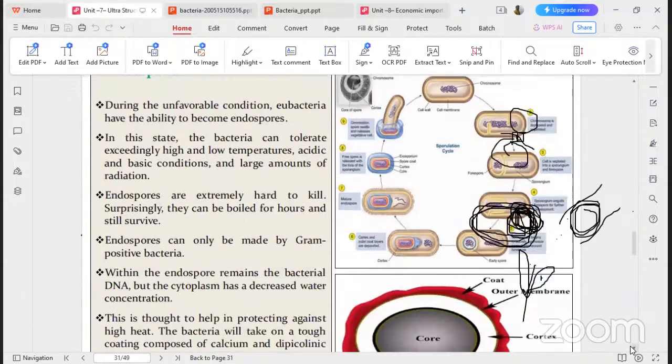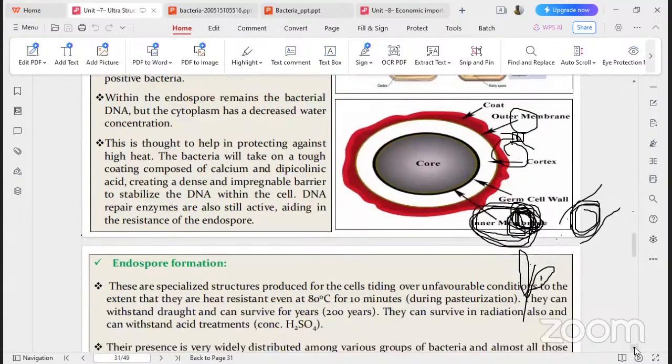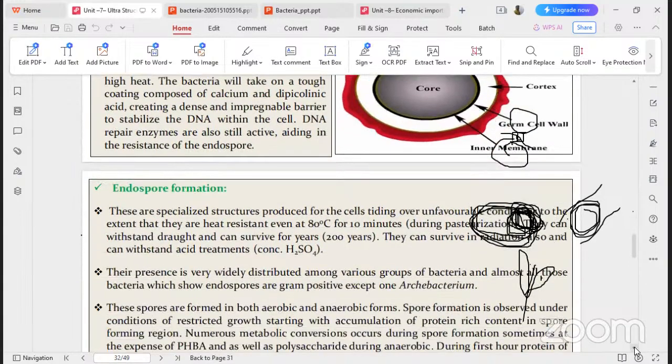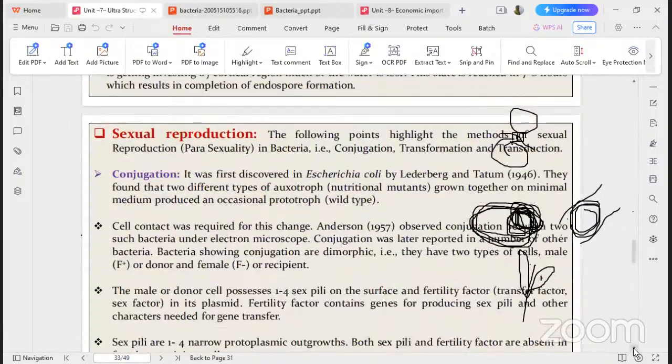You see here how endospore formation takes place. Inside, it is protected from damage, drought and abnormal conditions, and whenever it is wet, it forms a new bacterial cell. That is the endospore. And then the next is sexual reproduction.